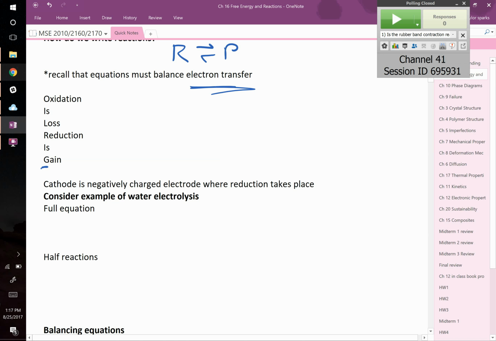Reduction is gain. So if you can identify a chemical species that loses an electron, then it is oxidized. If you identify one that's picking up the electron, it's being reduced. And if you have a reaction that has an exchange of electrons, you have to have both of these things. So if you have a redox reaction, you are always able to write out the half-cell reactions for both types. Let's give you an example.